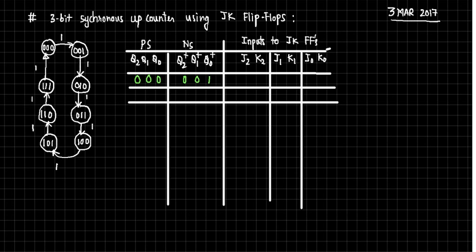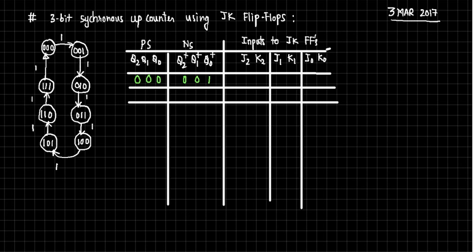Now for that, what should be the inputs to these JK flip flops? The MSB is governed by J2, K2. Q1 is governed by J1, K1. Q0 is governed by J0, K0. So we should set these inputs accordingly so as to get this 0 0 1.